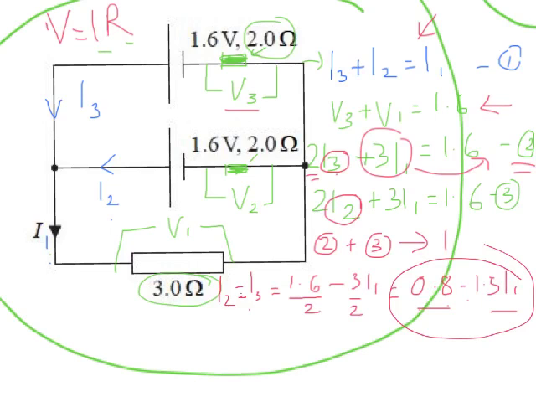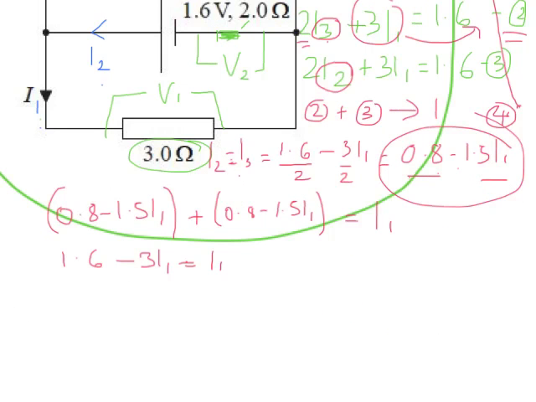So now I've got that fourth equation. I'm going to substitute that fourth equation into the first one again. So if we substitute them in, we end up with 0.8 minus 1.5 I1 plus 0.8 minus 1.5 I1, which simplifies out to 1.6 minus 3 I1 equals I1.